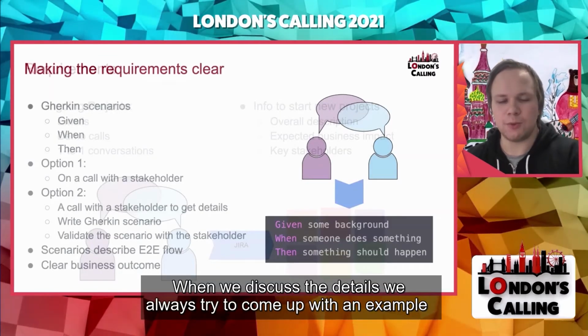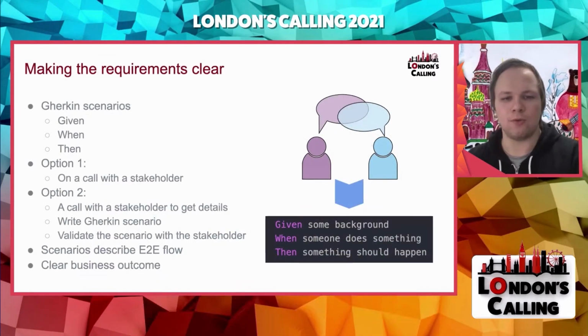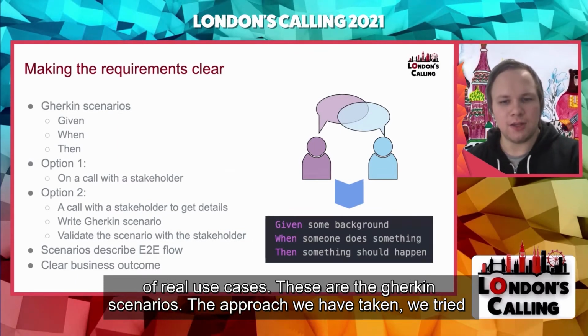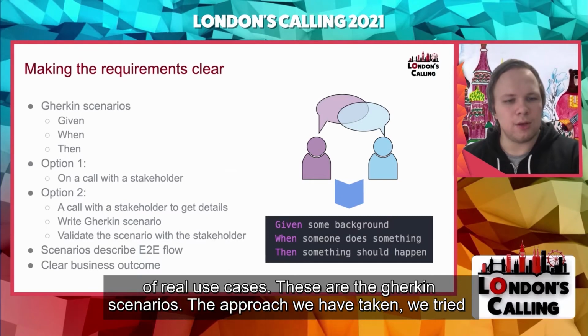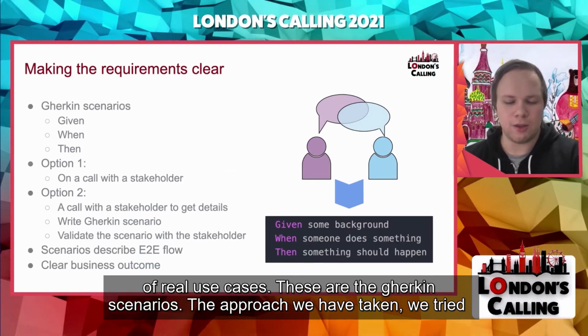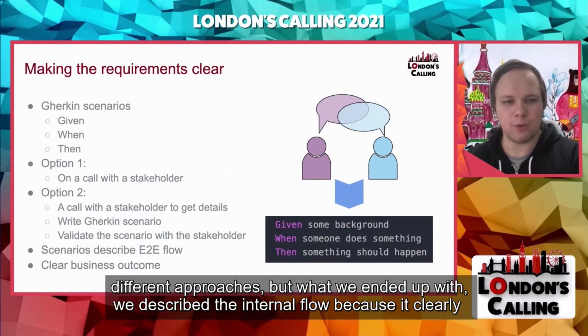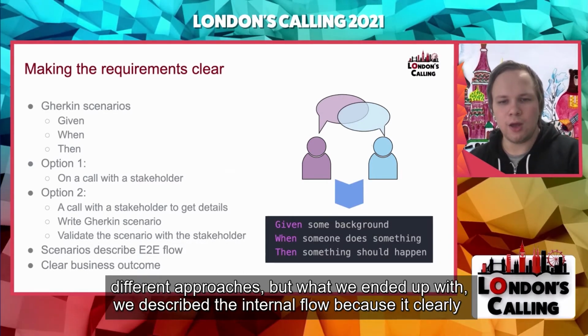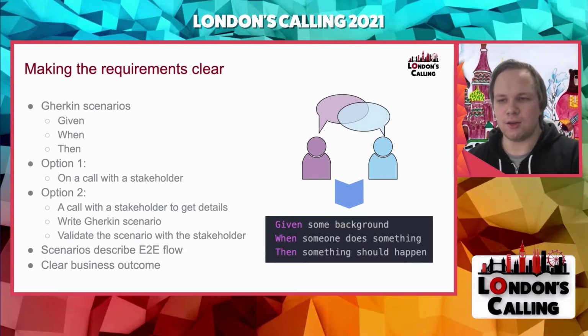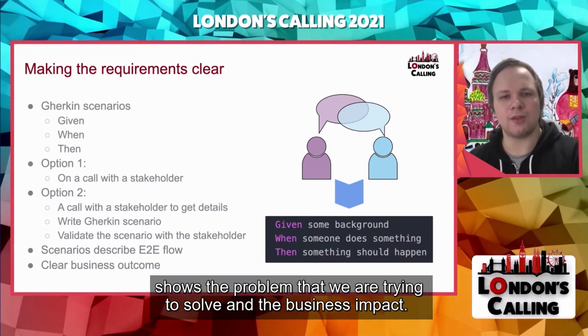When we discuss the details, we always try to come up with an example of real use cases. These are turned into Gherkin scenarios. And the approach that we've taken, we tried different approaches, but what we ended up with, we describe an end-to-end flow because it clearly shows the problem that we're trying to solve and the business impact.